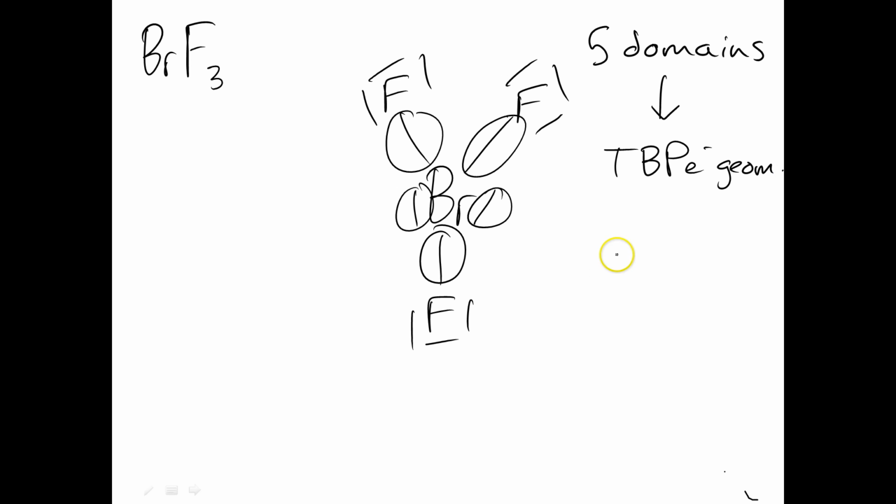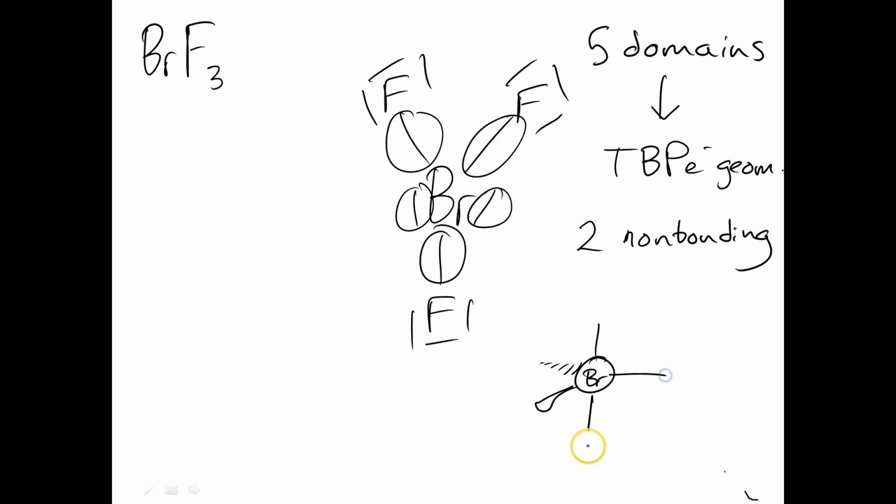Now we do have to take note that 2 of those domains are going to be non-bonding. So when we draw our structure, we're going to put our Br at the center, 2 axial positions, 3 equatorial positions. We can start filling things in. We've got 2 lone pairs. Let's put them in first. They go on the equatorial positions on TBP structures, just so they have the extra breathing room.